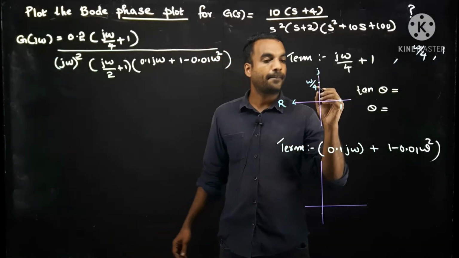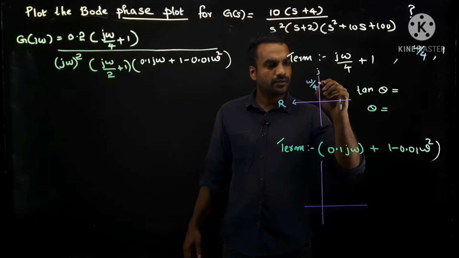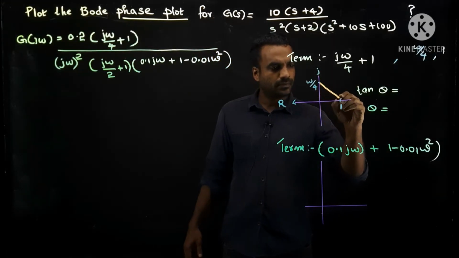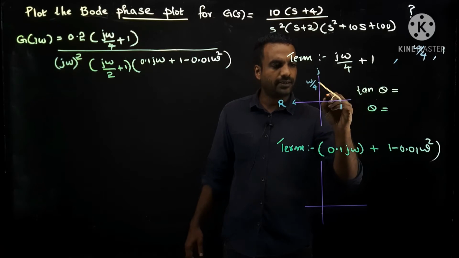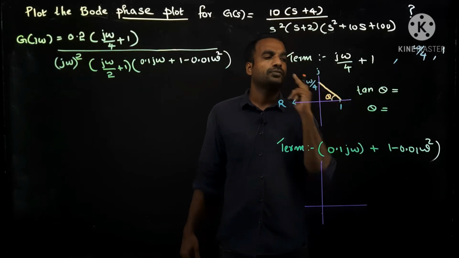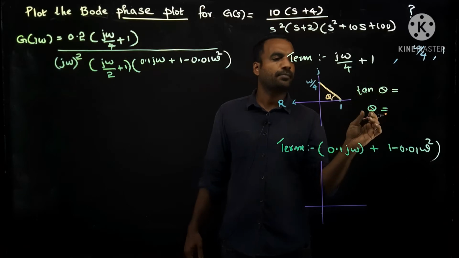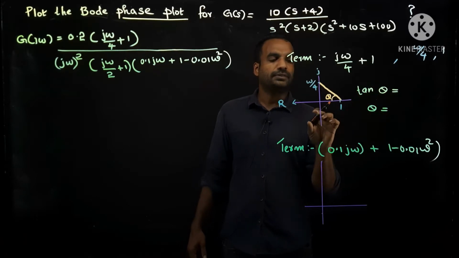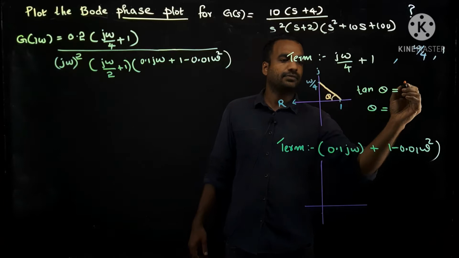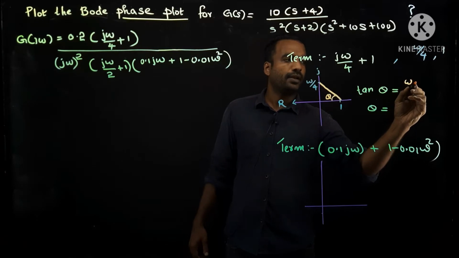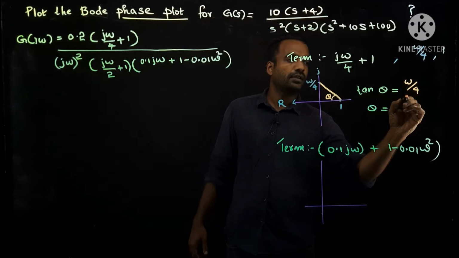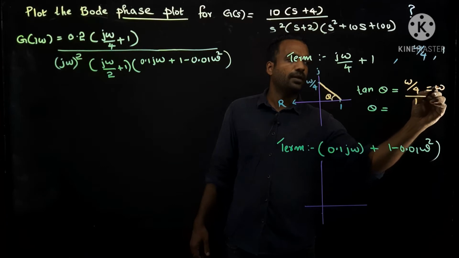Now I will consider a triangle and this is theta. So what is the value of tan theta? Opposite side by adjacent side. So it will be omega by 4 divided by 1, that is equal to omega by 4 itself.